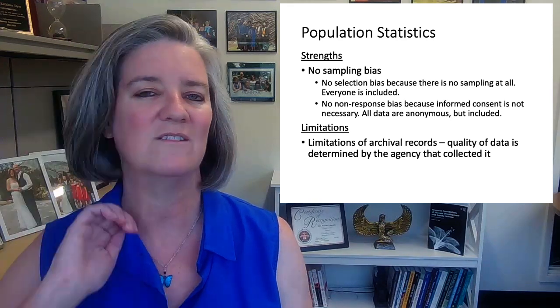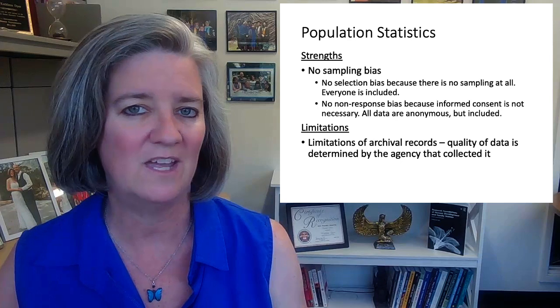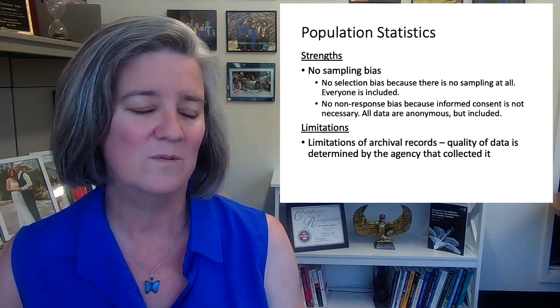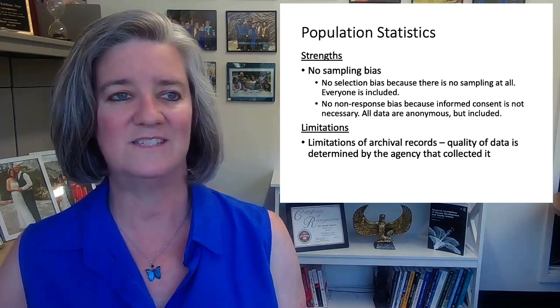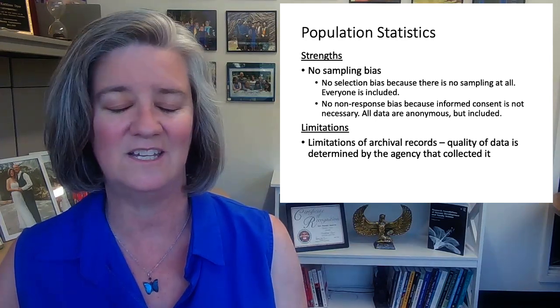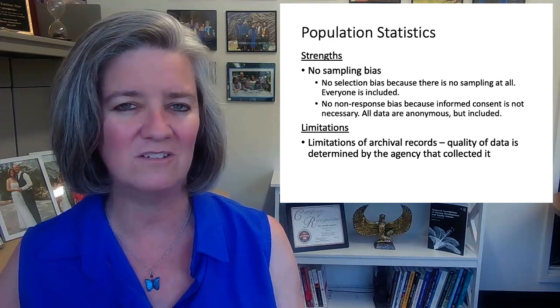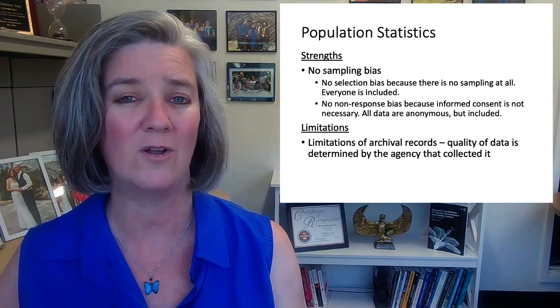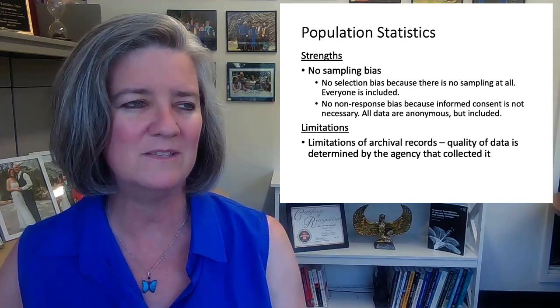Are there downsides of population statistics? Well, there's always a downside to using archival records. The quality of the data is determined by the agency that collected it. So we can trust the data if the CDC is accurately counting births, right? You might know an occasional instance of someone who has a baby at home and takes a while to report that birth. It probably happens.